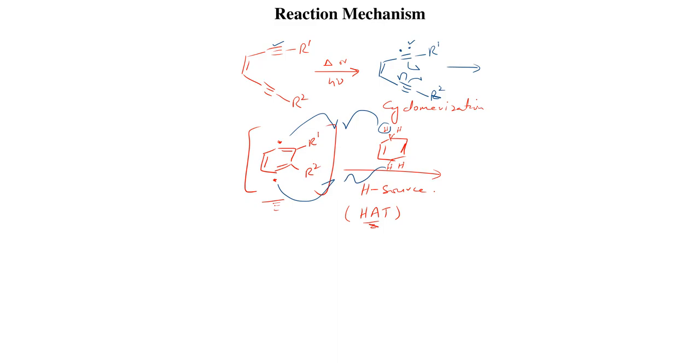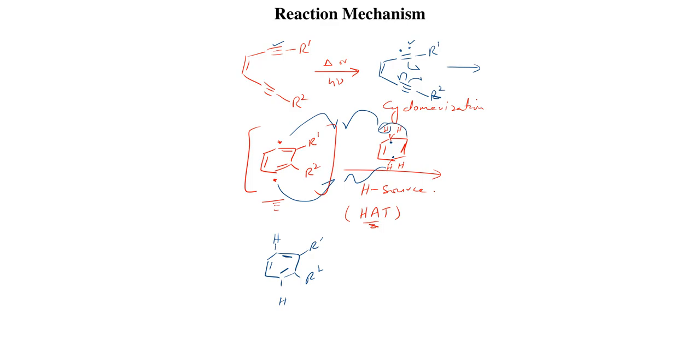The bond will be homolytically cleaved, so one electron will move here and another electron will move here. As a result of this hydrogen atom transfer, HAT reaction, it will be like this final product, with a hydrogen atom from the diene here and a hydrogen atom from the diene here.